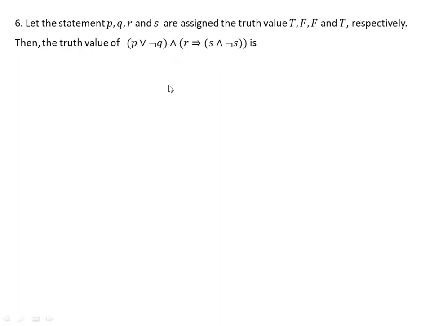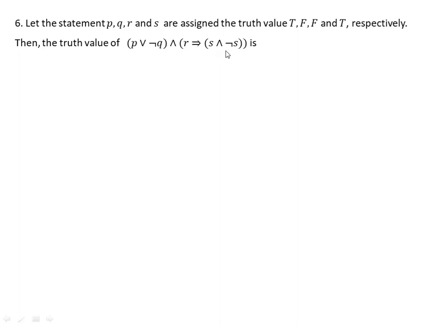Here P is true, and Q is false, therefore negation Q is true. Since P is true, true or any truth value is true. That means true or true is true. Therefore, this is true.